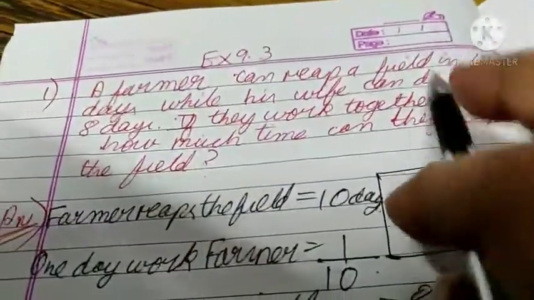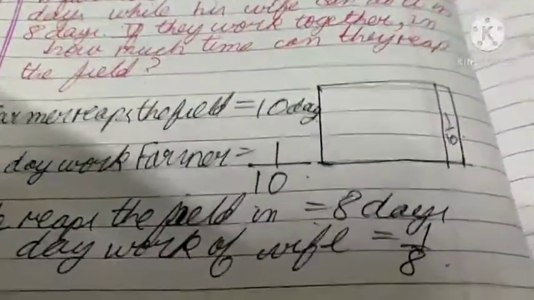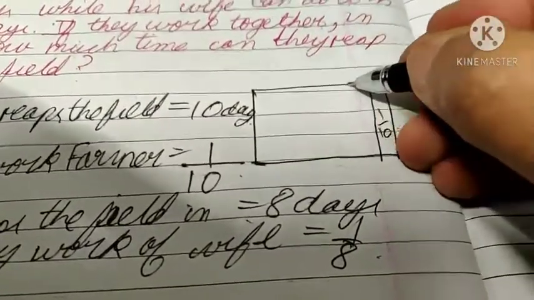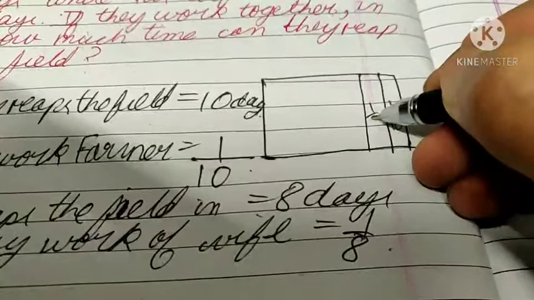Okay, and it says that if they work together, means in 1 day the farmer will reap 1/10 and his wife will reap 1/8.